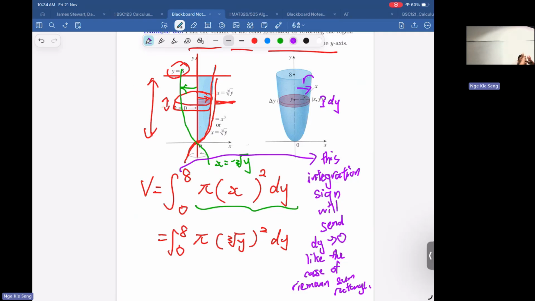So instead of using the rectangle to measure the area, you will use this disk with thickness to measure the volume. Any question? The base area, right? Base area. So instead of using a rectangle, we use this disk with thickness.